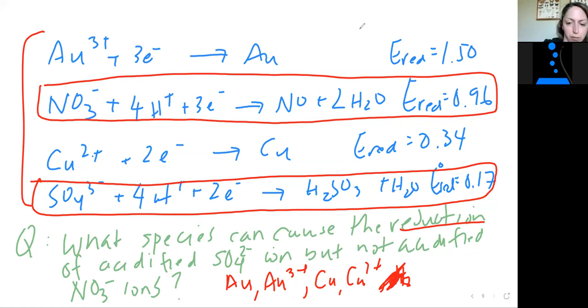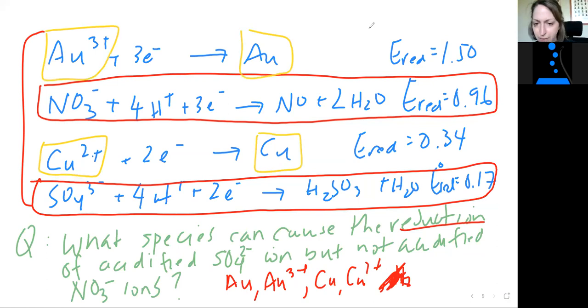Of these 4 choices, I'm just going to put a box around them. That's A, B, C, and D. Two of these are not possible choices, because we are dealing with the reduction of sulfate and the reduction of nitrate. Those are my reductions, so I can't have another reduction.